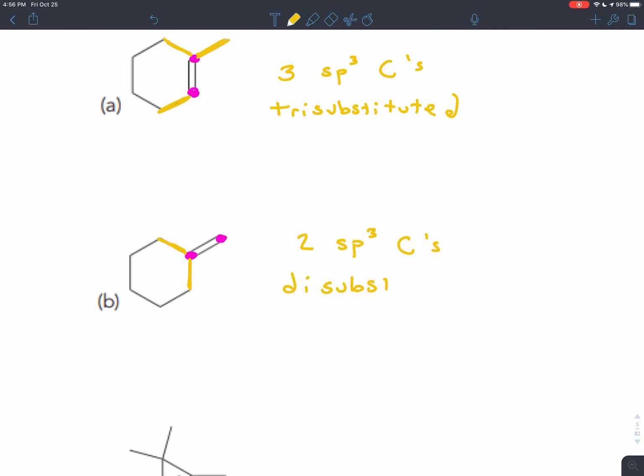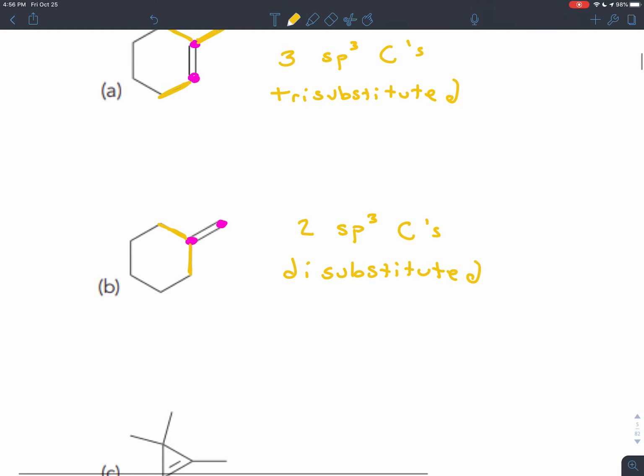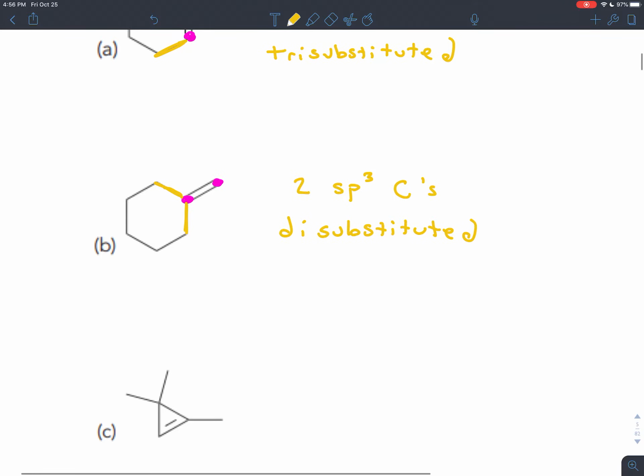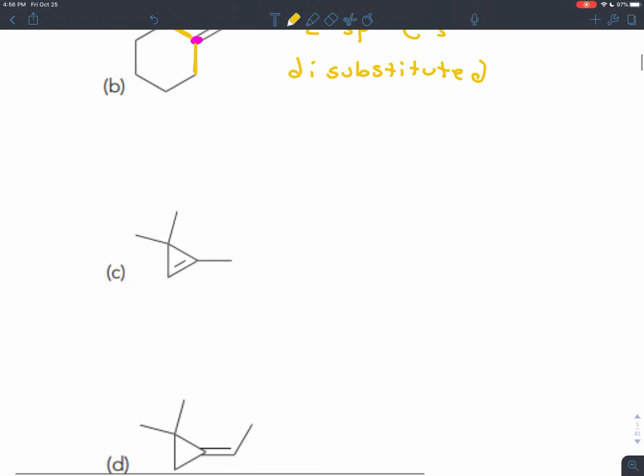And so that's going to be disubstituted. Which means that the electrons in the p orbitals will only be able to bleed into 2 sp3 orbitals. So that's more stable than if it were monosubstituted, but less stable than if it were tri or tetrasubstituted.